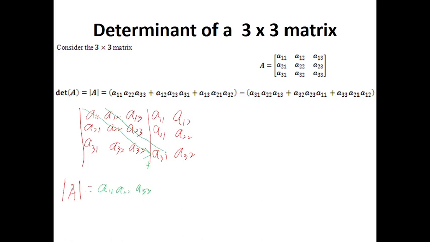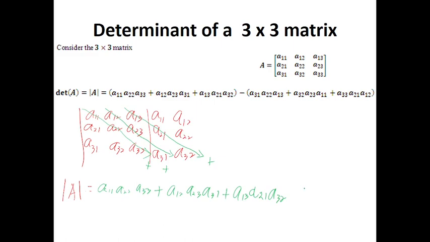It's the summation: A12, A23, A31. Then plus A13, A21, A32.